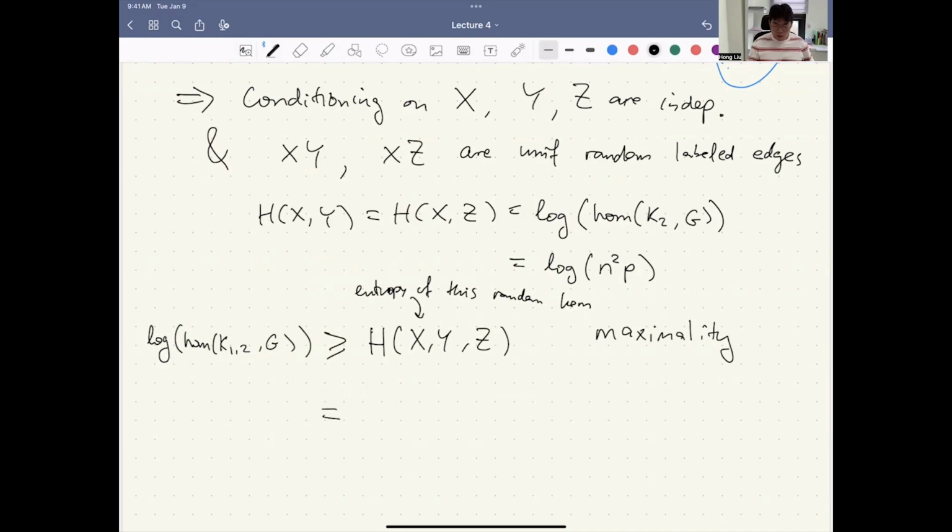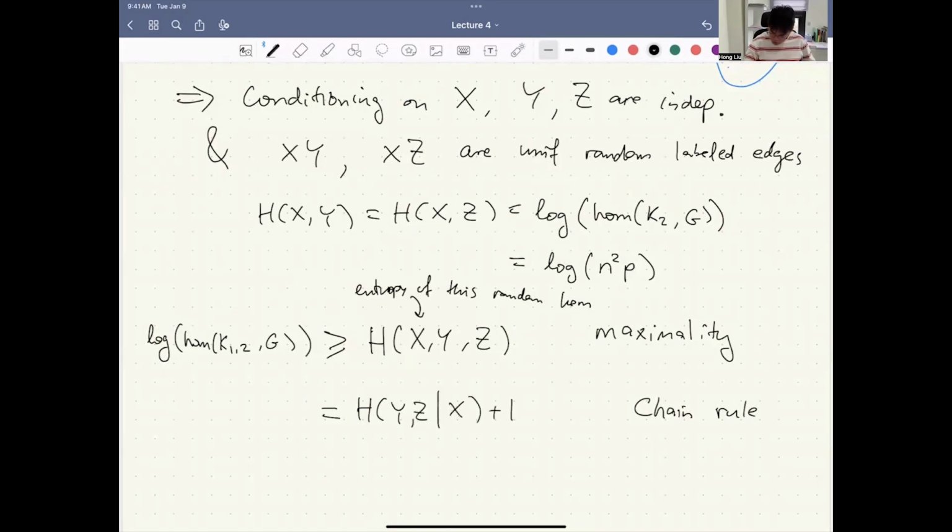But what is this? By chain rule, let's expand it, it is H of (y, z) given x plus H of x.